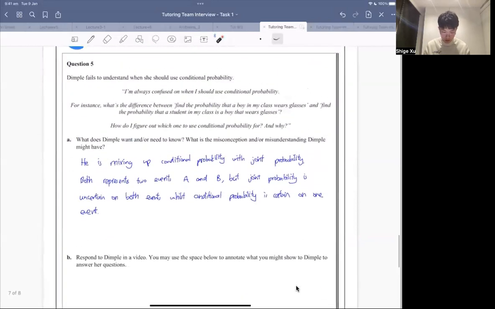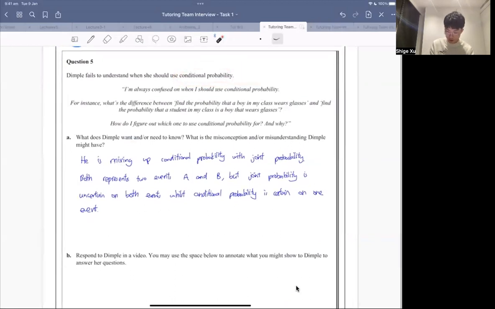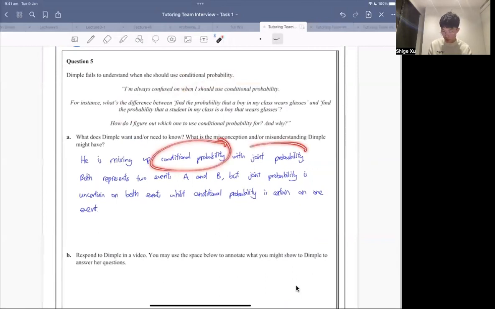Now move on to question 5. Dimple fails to understand conditional probability. She gives me this example. I think that he's mixing up conditional probability with joint probability. Both conditional probability and joint probability look at two events, A and B. However, joint probability is uncertain on both events.